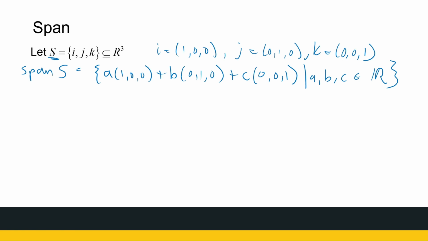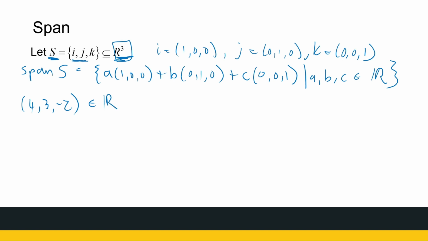Now we said this set S spans the whole of R3, if I can take any element of R3 and it's in that span. So let's just look at some experiments. 4, 3, minus 2. That's an element of R3. It's not in S, but is it in the span of S?